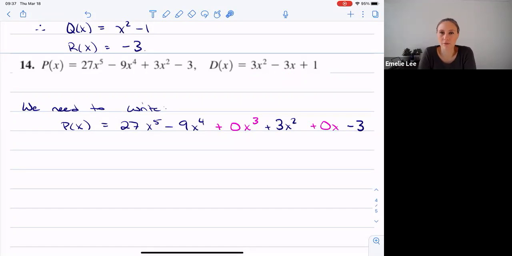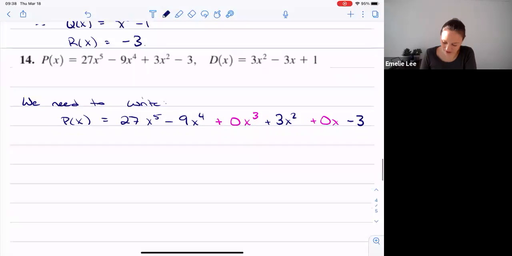So what I'm kind of mumbling about is, do I need to do this one, 3x squared minus 3x plus 1? I have each of the terms, but if I didn't, would I have to do the same thing as I did here? I don't think so. But I honestly, I might have to look into it. I don't know. So if you find one like that, let me know. Let me know if you have to or not.